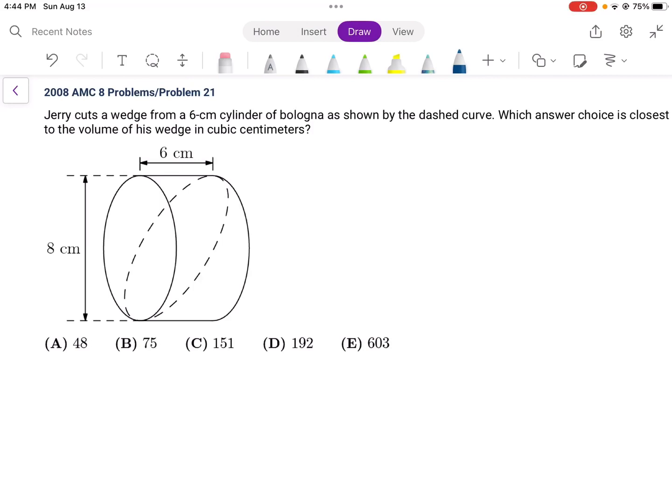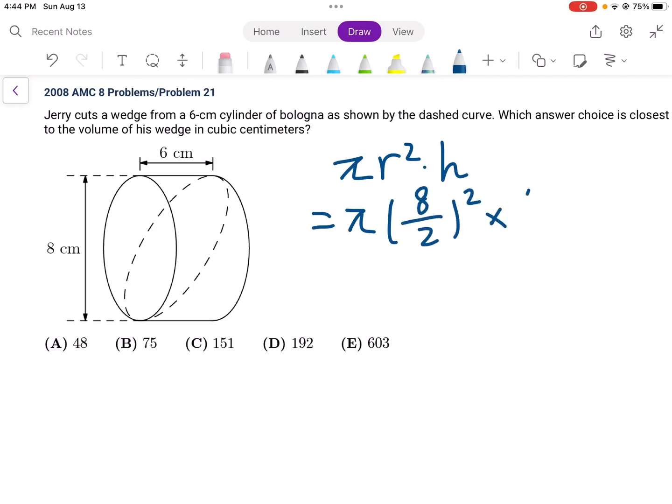The volume of the cylinder can be calculated by pi r squared multiplied by its height. It equals pi multiplied by the diameter, which is 8 centimeters, so it's 8 divided by 2, squared, multiplied by h, which is 6 centimeters, and that equals 96 pi.